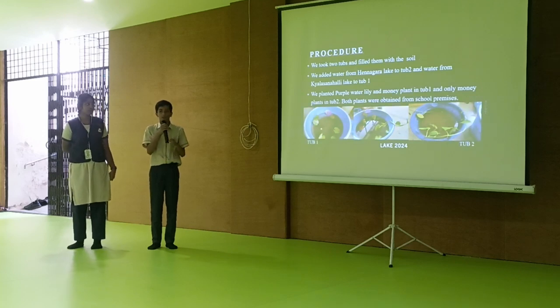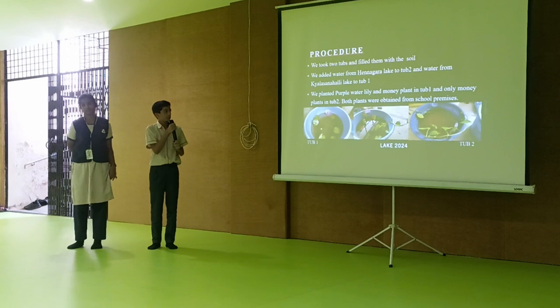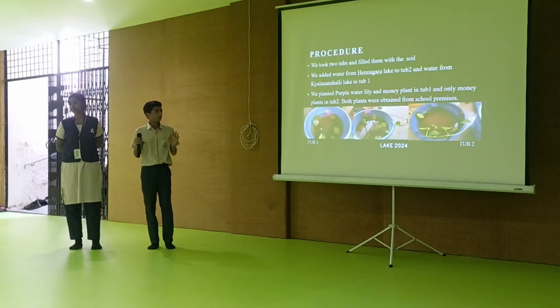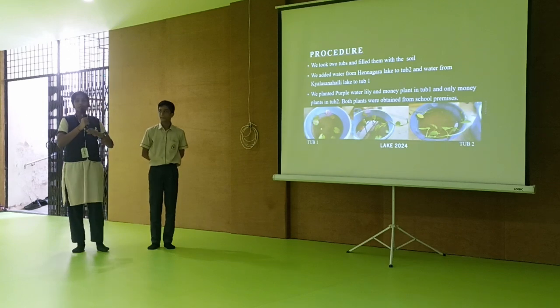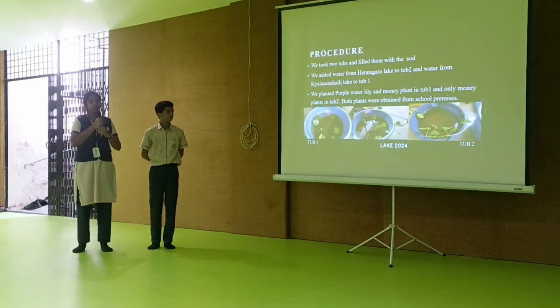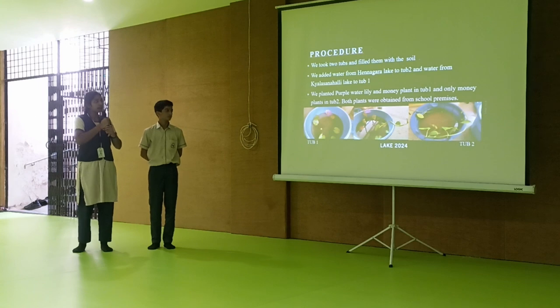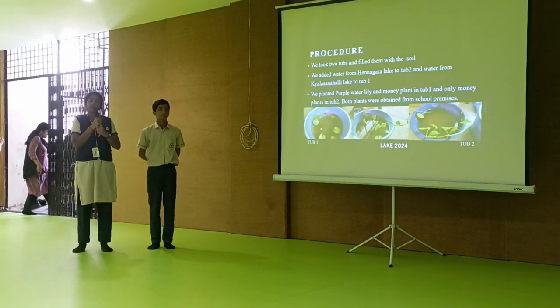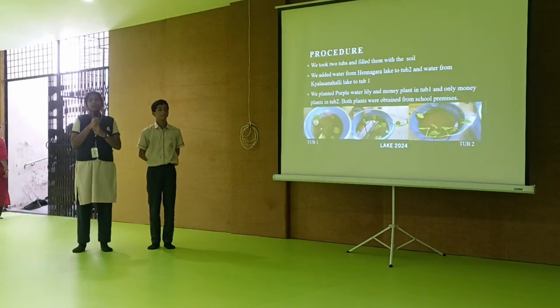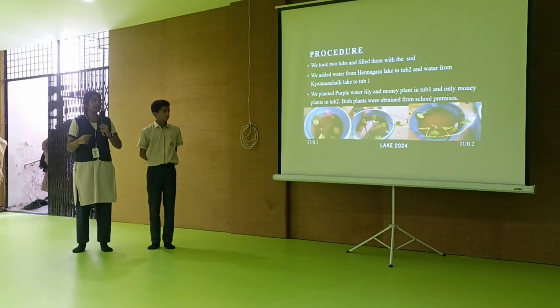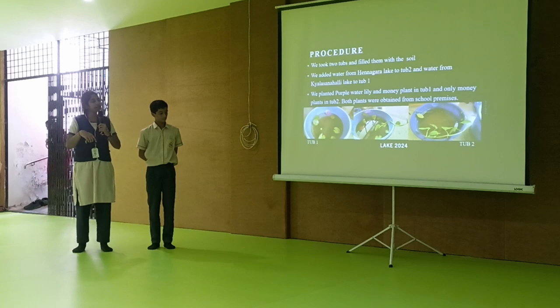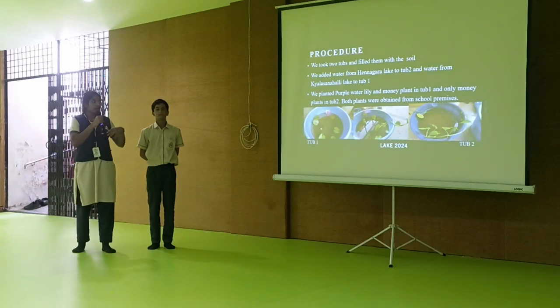We added it to both tubs, along with the plant and the root. The purple water lily was acquired from the artificial pond, and the money plant was acquired from the school premises. The money plant is very easy to acquire because even the stem can be put into the soil and it will start spreading.